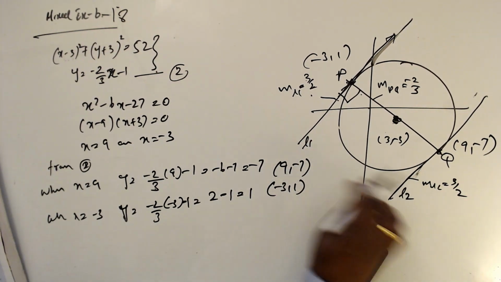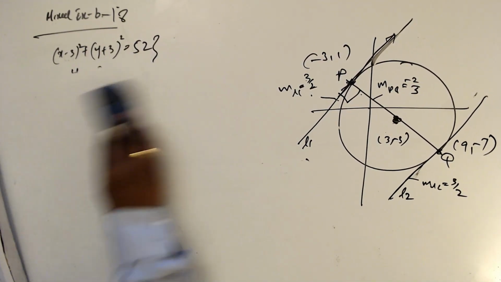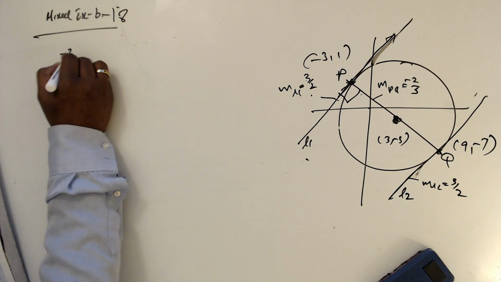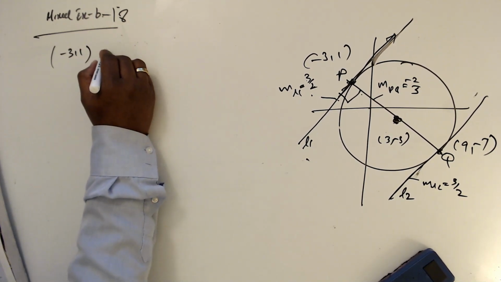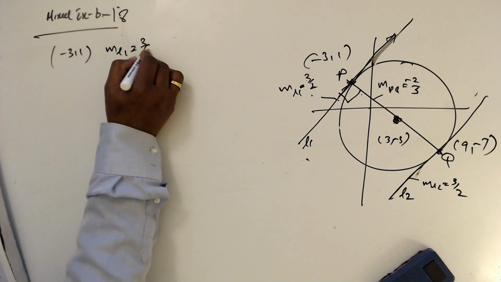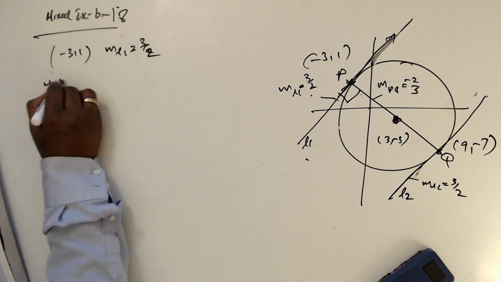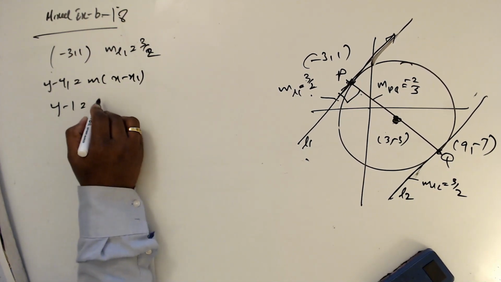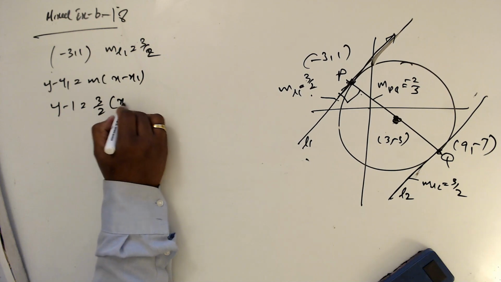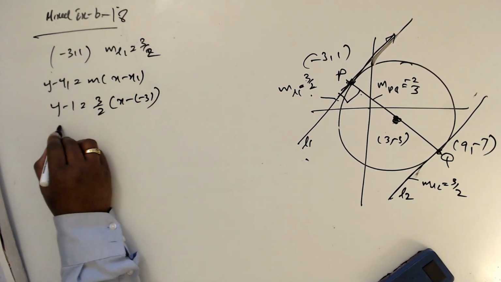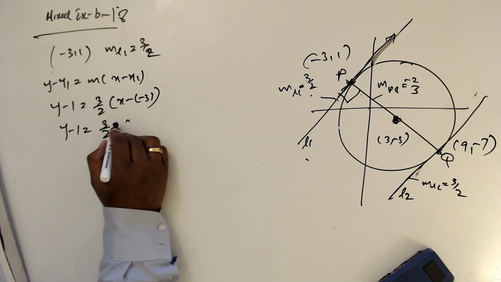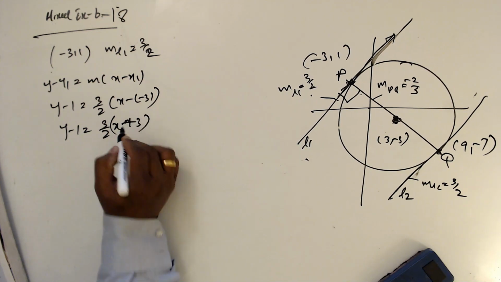Now we want to find the equation of L1 and L2. Now it is easy. We have a point (minus 3, 1), and the gradient ML1 is 3 over 2. Now y minus y1 equals m times x minus x1. y minus 1 equals 3 over 2 times x minus minus 3. y minus 1 equals 3 over 2 times x plus 3.